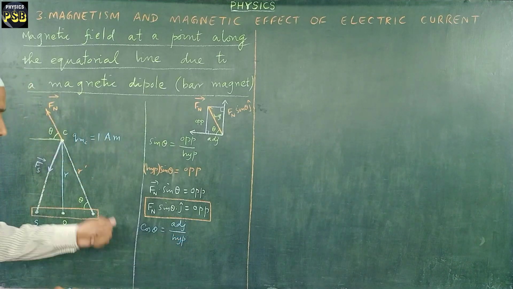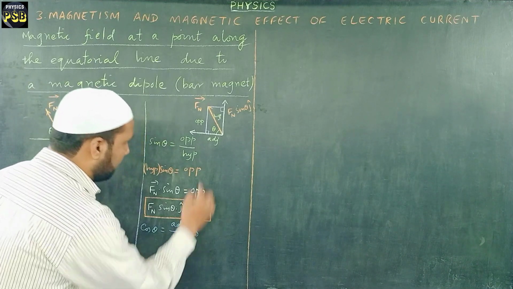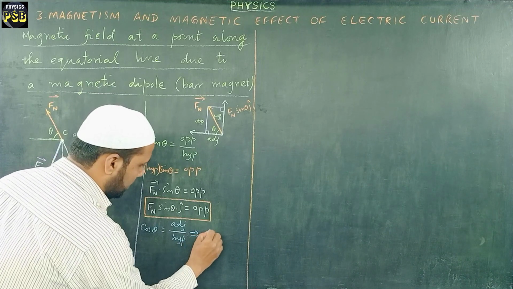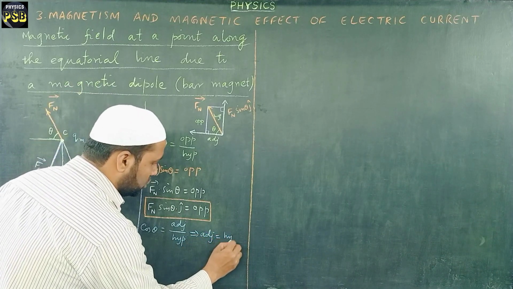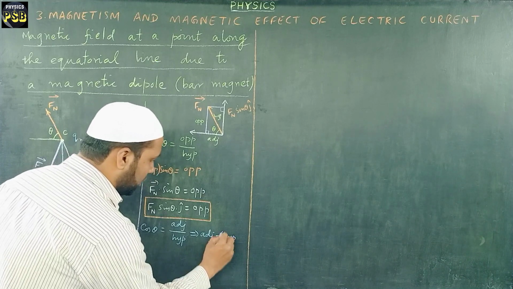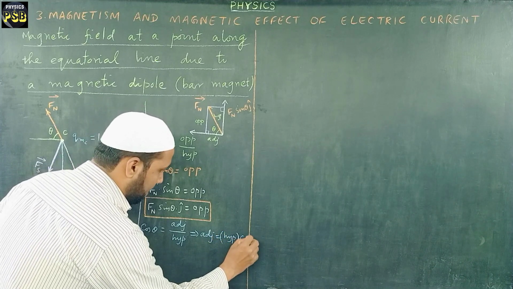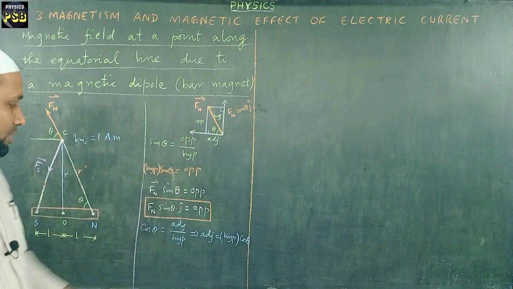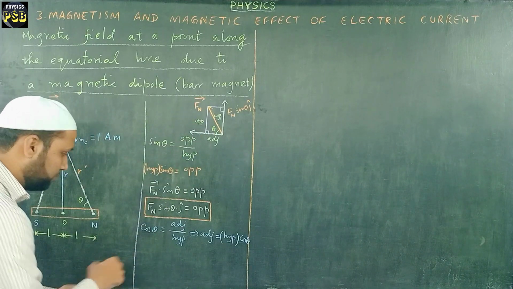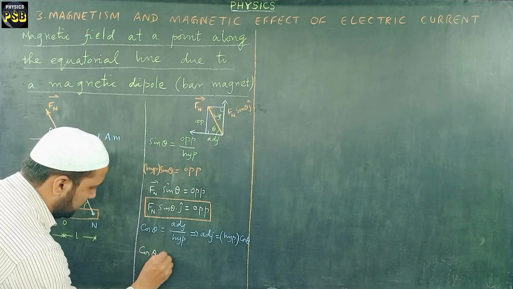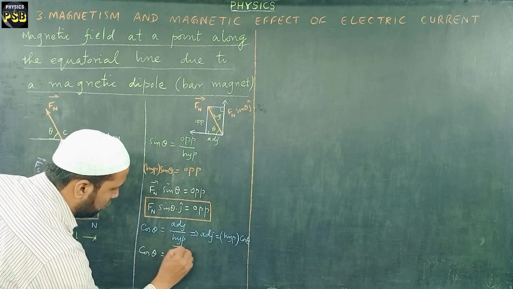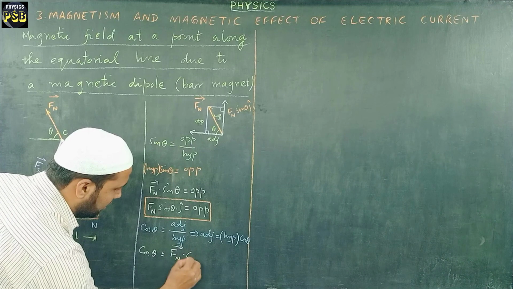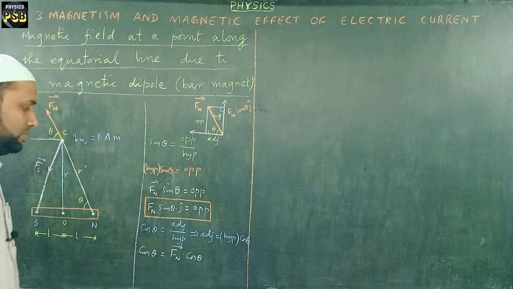Here my aim is to get the value of the adjacent side. So I take it this way: adjacent side equals hypotenuse multiplied with cos theta. Here hypotenuse is nothing but Fn vector, multiplied with cos theta.